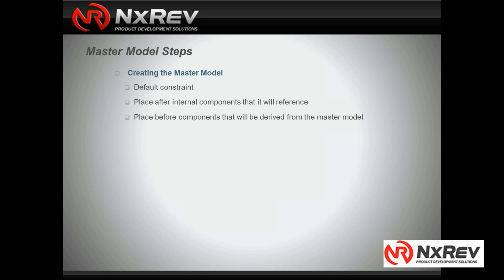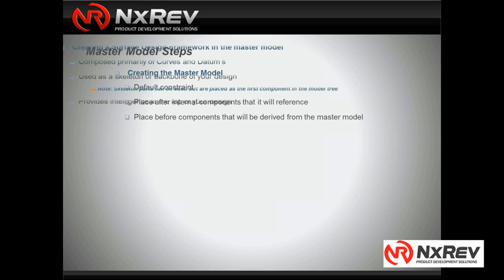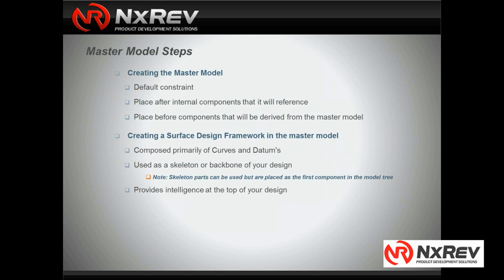That's sometimes going to come before the master model, and after the master model, you're going to have your piece parts that make up the exterior components. And when I get into the demonstration, this will be a little bit more clear.